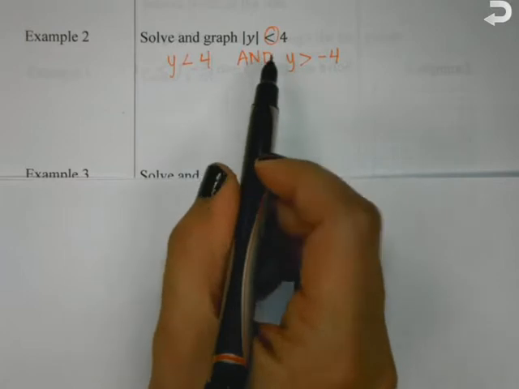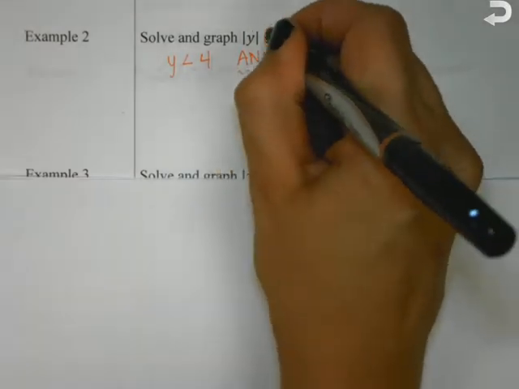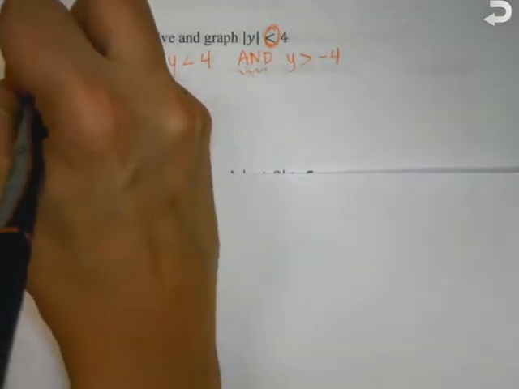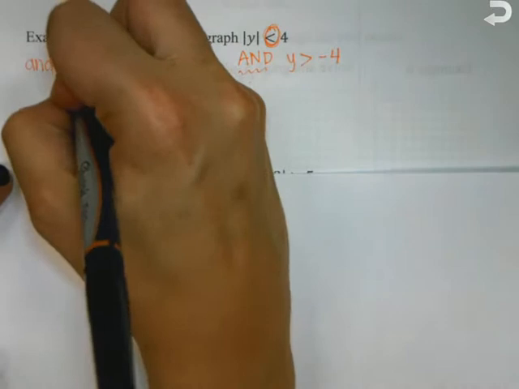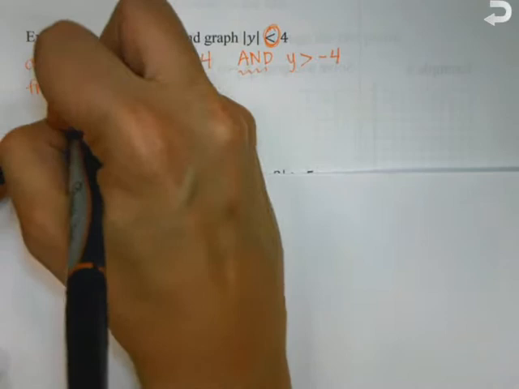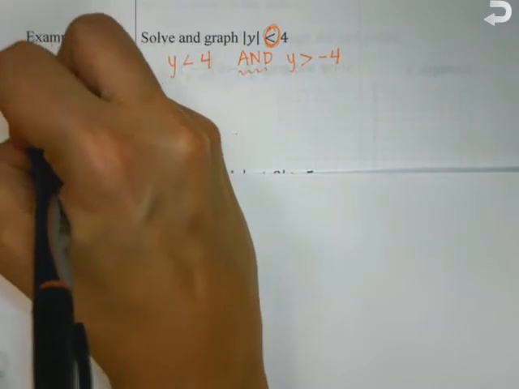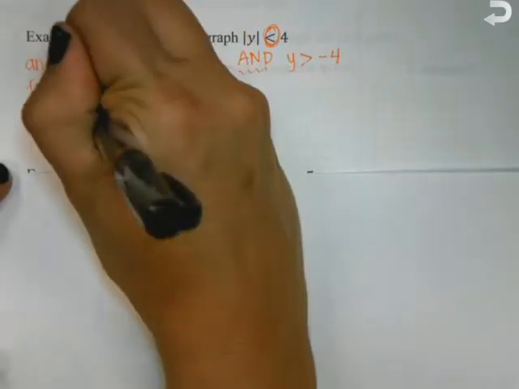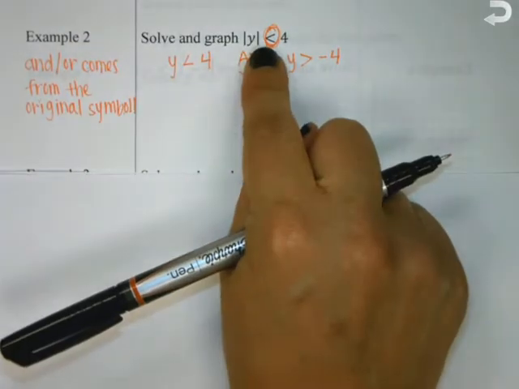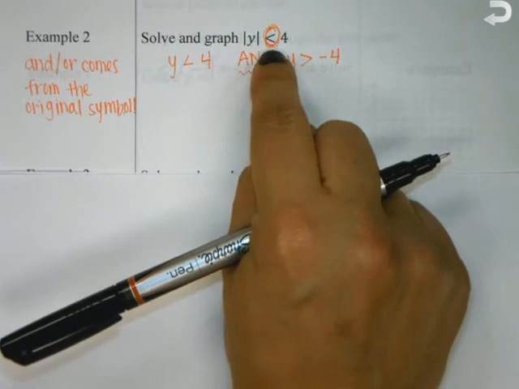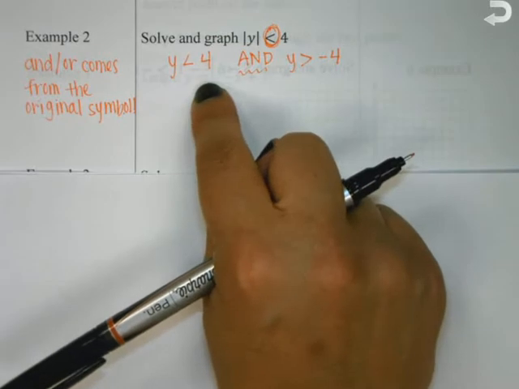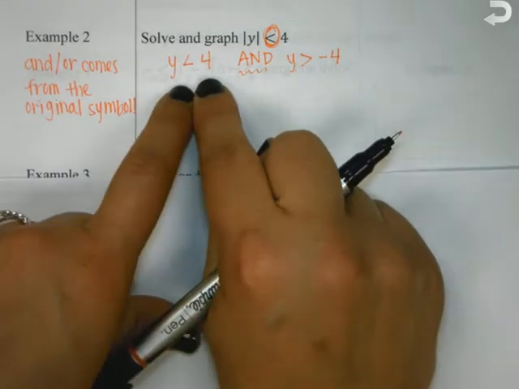So I did write that as a note: "and" or "or" comes from the original symbol. So the problem that they give you, that's where you're going to figure out if it's "and" or "or," the one that is given to you. Okay? So we have y less than 4 and y greater than -4. Because we changed the sign to negative, it had to flip.